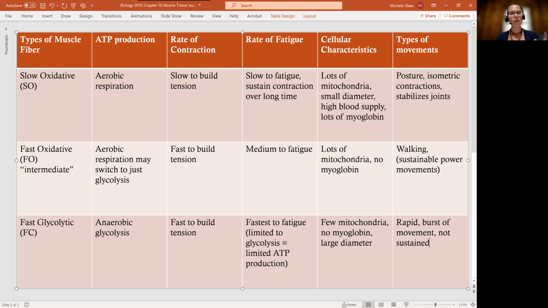And as we train our body, we can see especially those intermediate fast oxidative muscle fibers taking on kind of like these in-between properties. So that is able to allow us to do these isometric contractions, sustaining those, but also doing more of these rapid fire kind of movements.